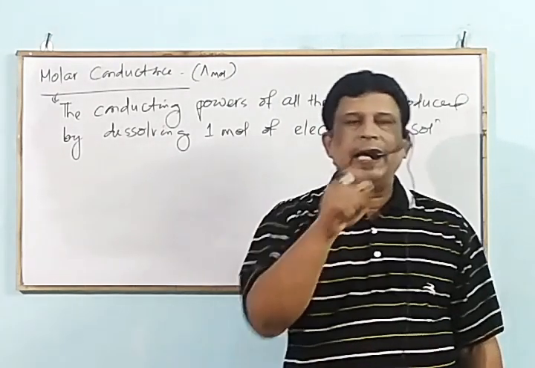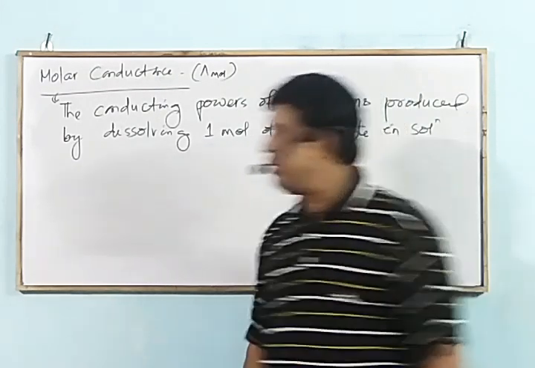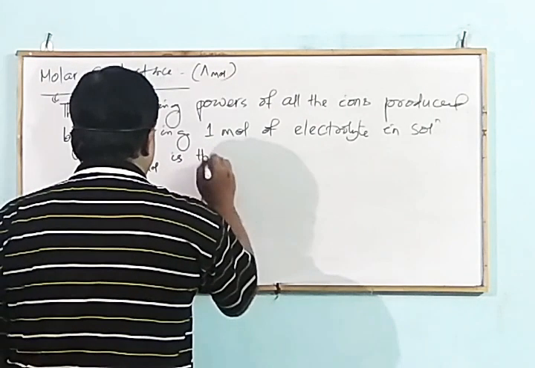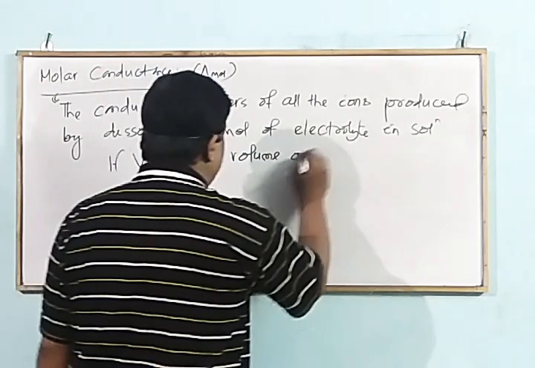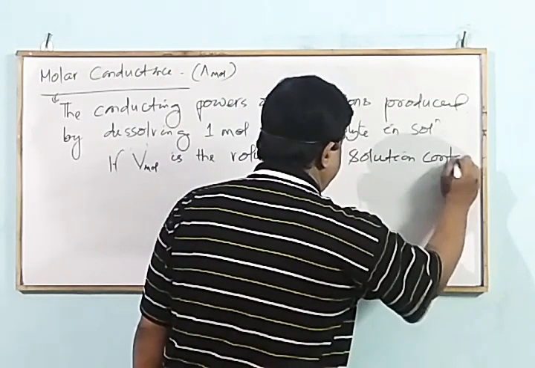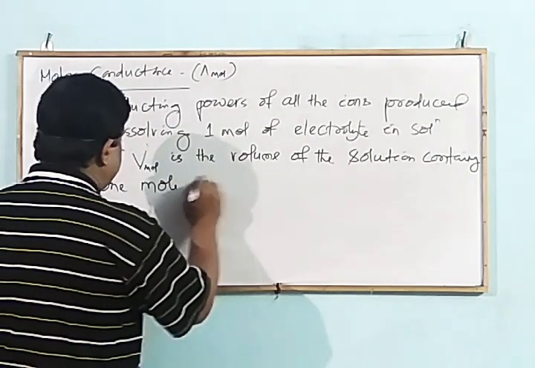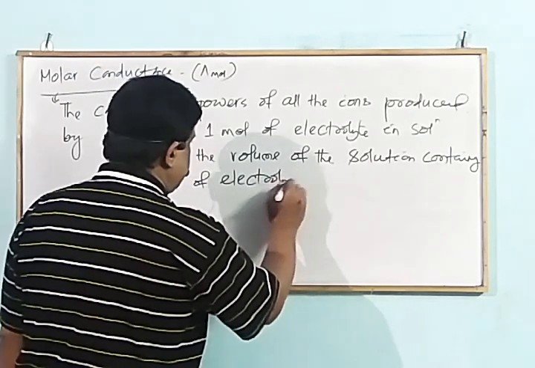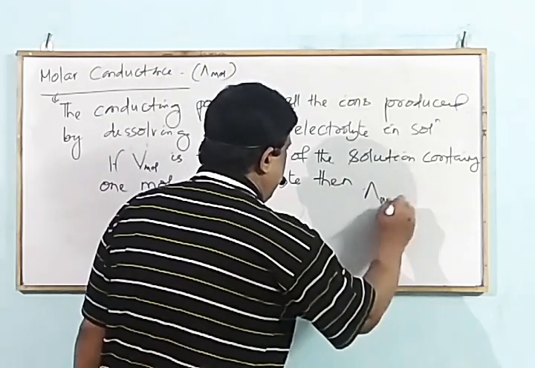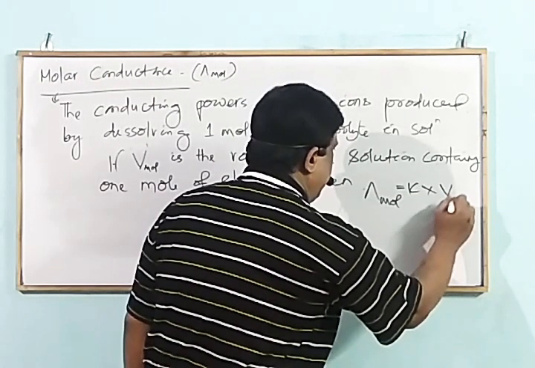Mark that. If V mol is the volume of the solution containing 1 mole of the electrolyte, then the mathematical expression is: lambda mol, molar conductance, is equal to kappa into V mol.